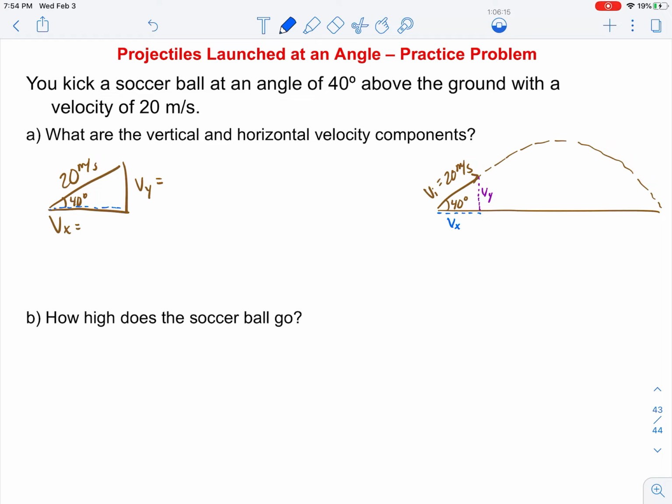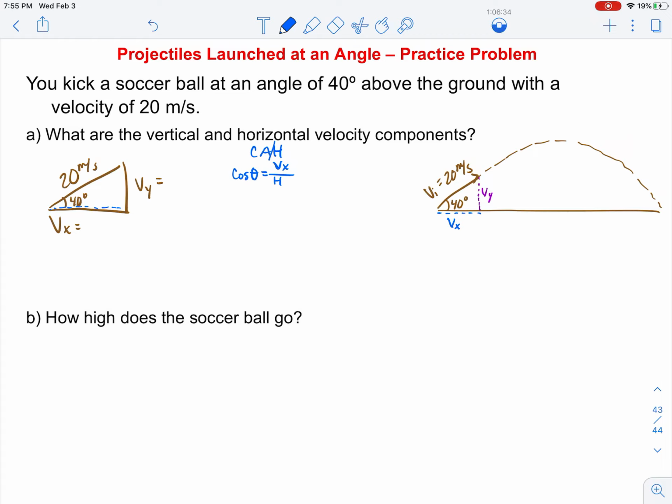So the adjacent side is going to follow the acronym CAH: cosine equals adjacent over hypotenuse. So cosine theta is equal to the adjacent side, which is my velocity in the x direction, over the hypotenuse.